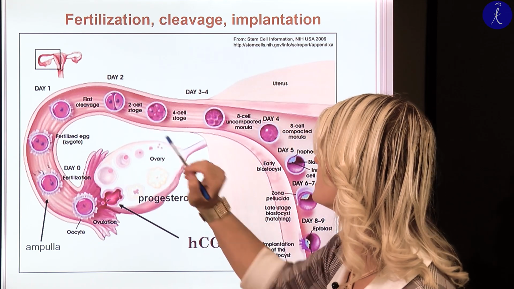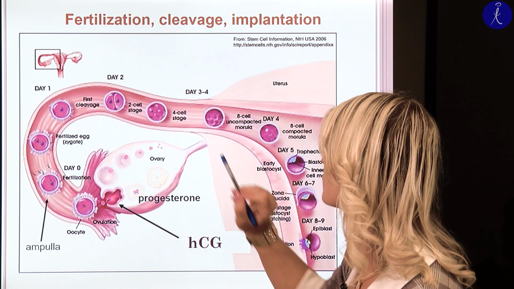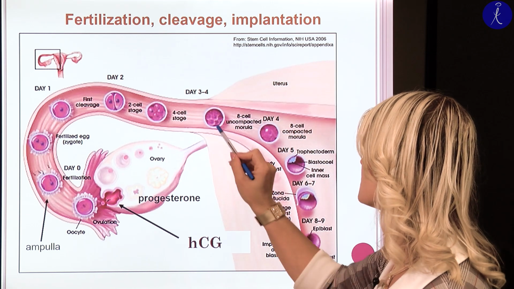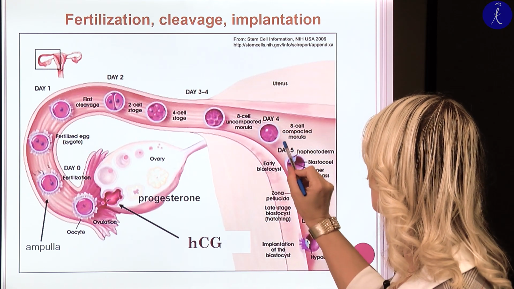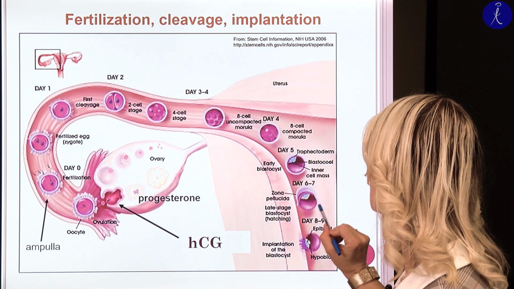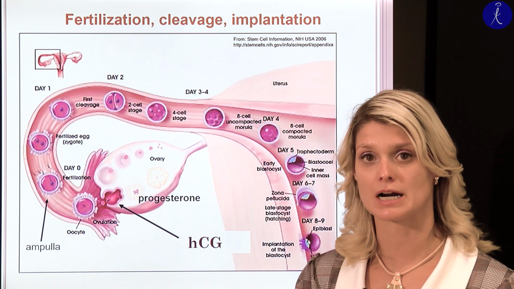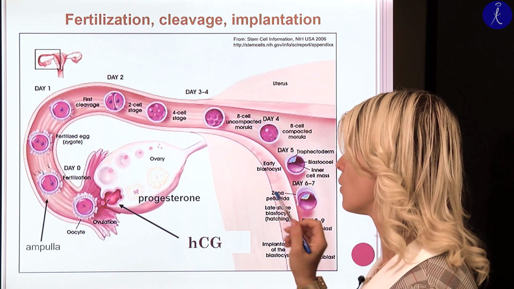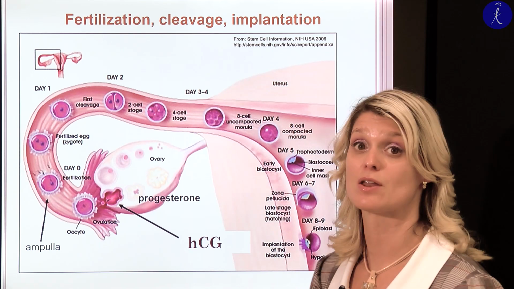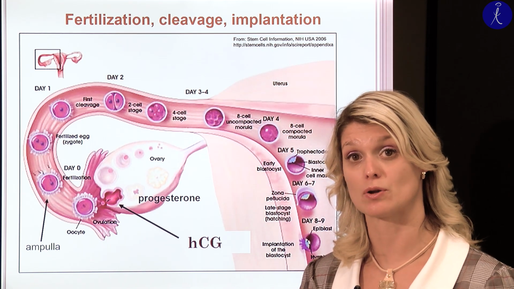We have the two-cell stage, four-cell stage, and so on. And after, in the blastocyst form, will start the implantation.